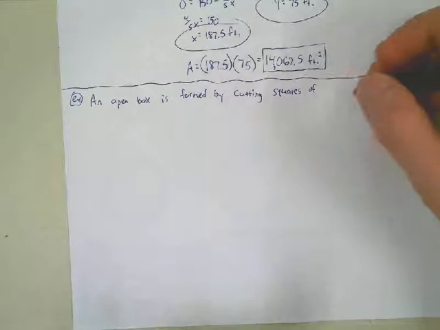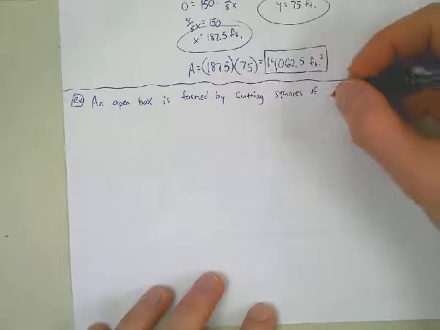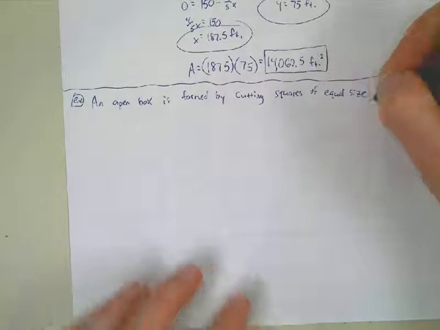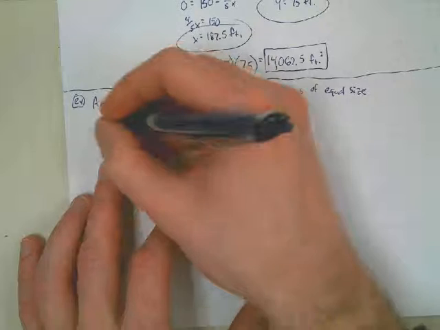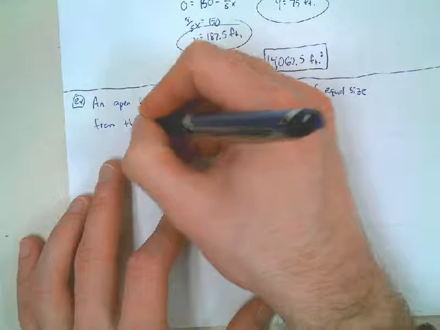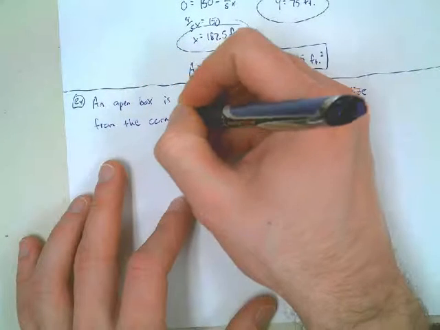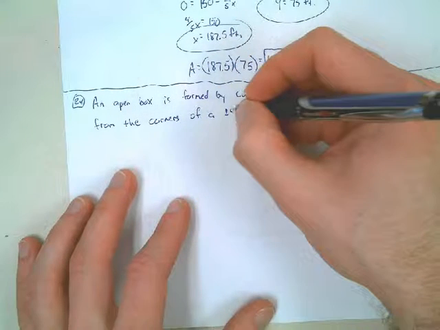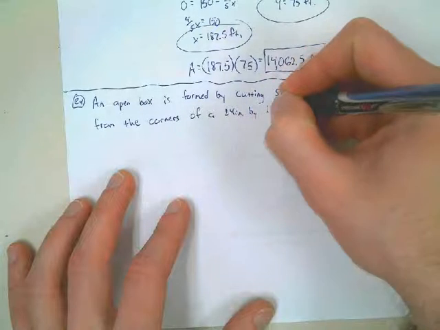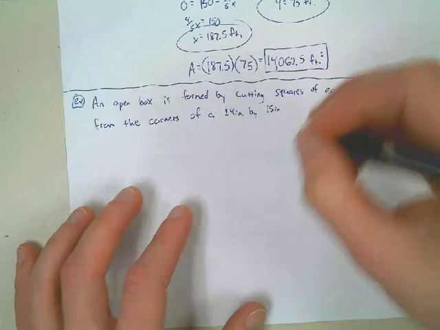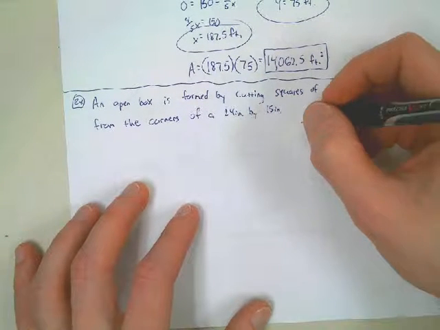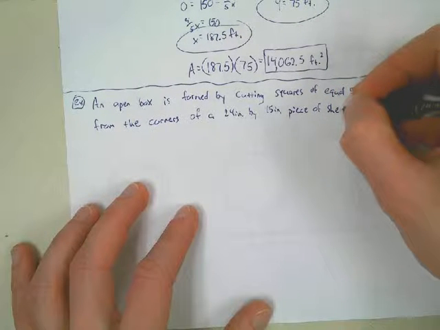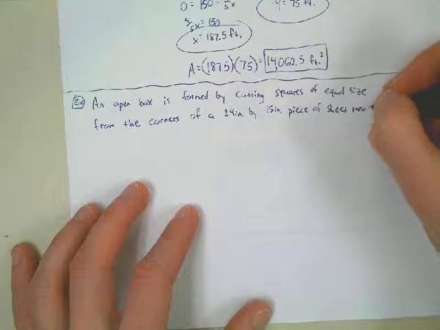An open box is formed by cutting squares of equal size from the corners of a 24-inch by 15-inch piece of sheet metal and folding up the sides.